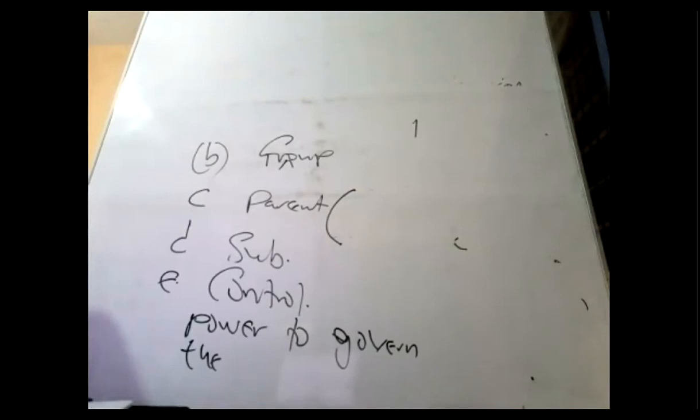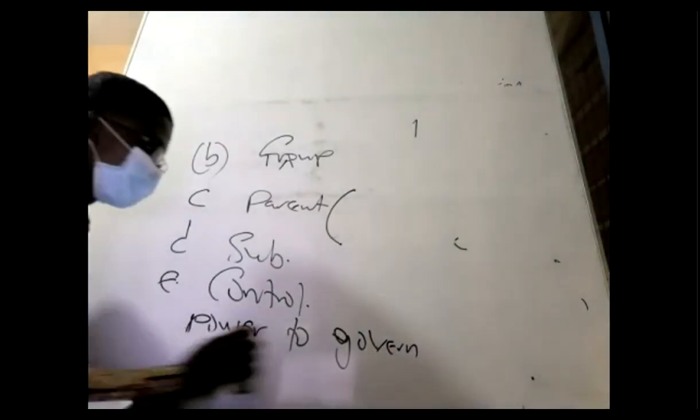Non-controlling interest. There are some people who don't have control, but they have interest. Control simply means you have the power to make decisions. Non-controlling interest, they have interest, but they don't control.